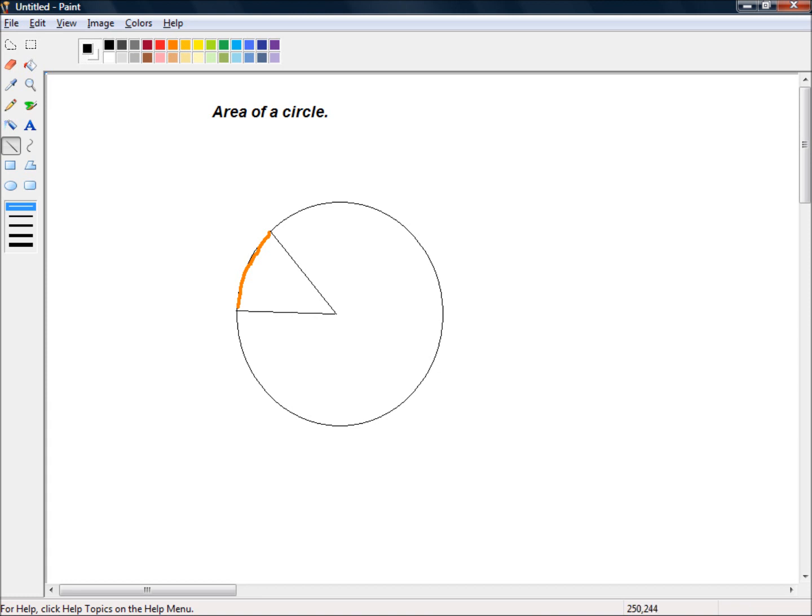Now if this distance around the outside edge is the same distance as the two radiuses, so this is a radius, this is a radius, and this length here is also one radius, then the angle that subtends this length, the word subtend just means that joins, the angle between two lines that join either end of this arc is called 1 radian.